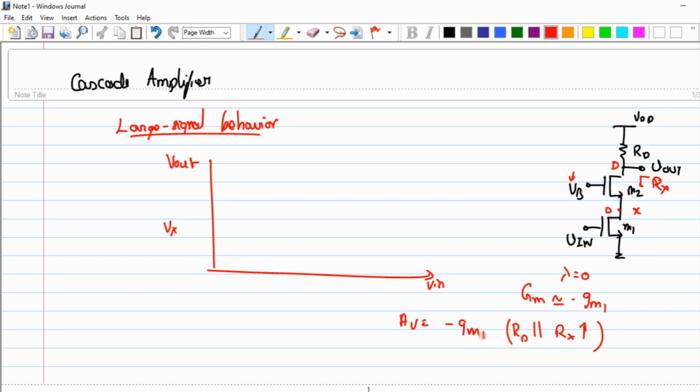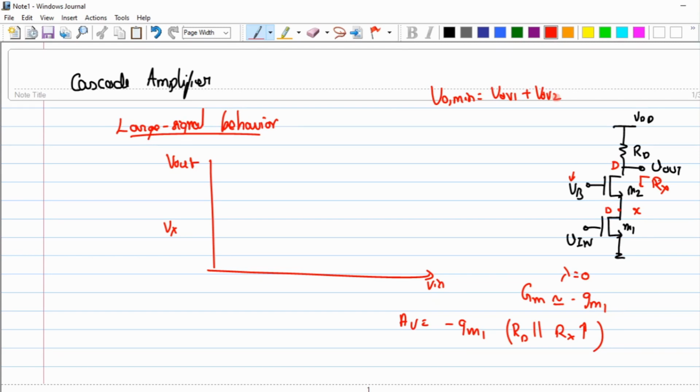I still have a gain that is almost the same as the CS amplifier. And I'm also losing a VOV out of the output swing. When I compare this cascode with respect to my CS amplifier, I'm not getting high gain. The other thing is that I'm also losing output swing, since Vout minimum has to satisfy these voltages across it. So these were the disadvantages I have.